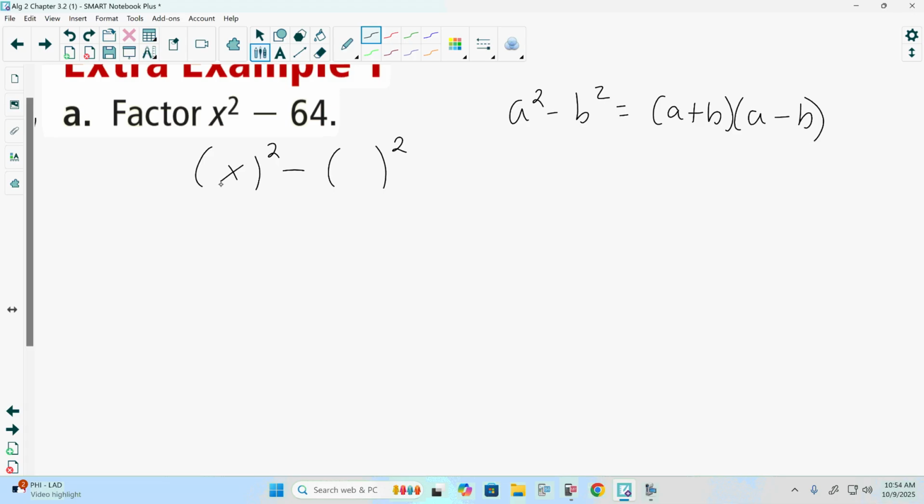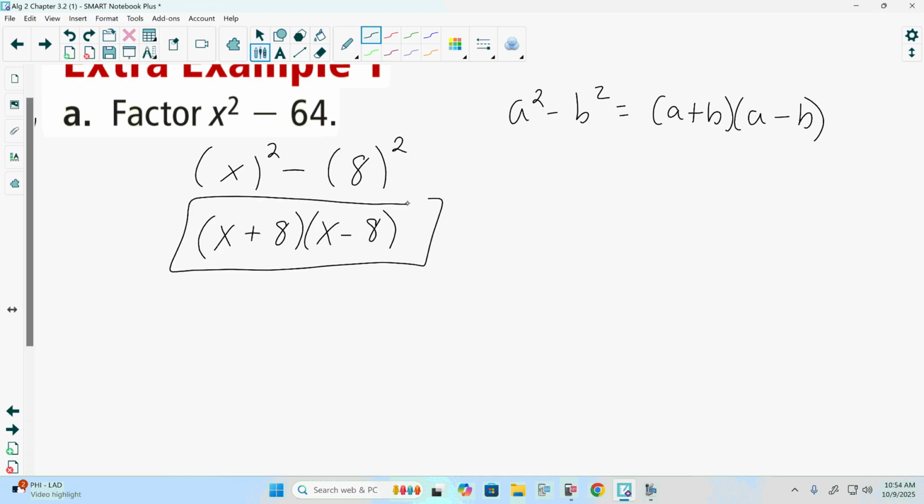What times itself is 64? 8. So we have a and b. a is x, b is 8. So we would say that this factors to x plus 8 times x minus 8. That's it.